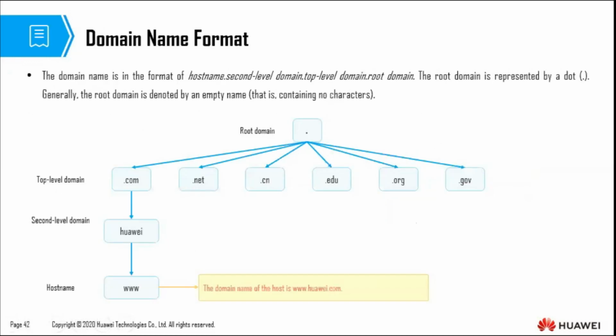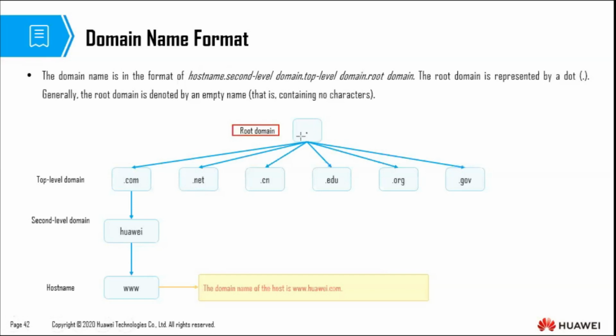The domain name format is, as you can see, it adapts an inverted tree-like structure or architecture. So at the very top of it, we have what we call the root domain.